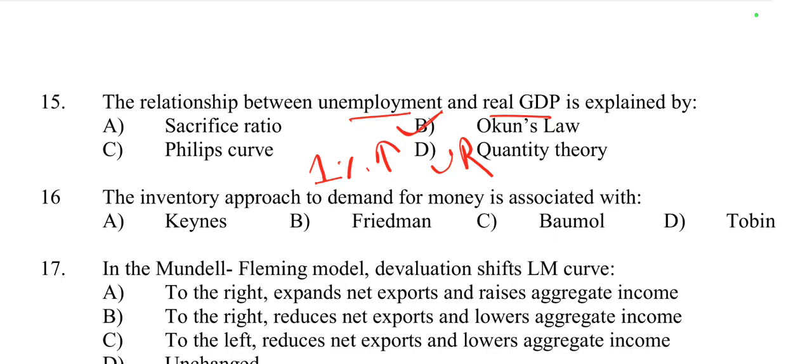So this law helps to quantify the impact of unemployment on economic output. So it is called Okun's law.